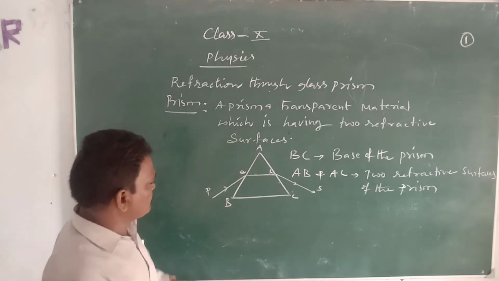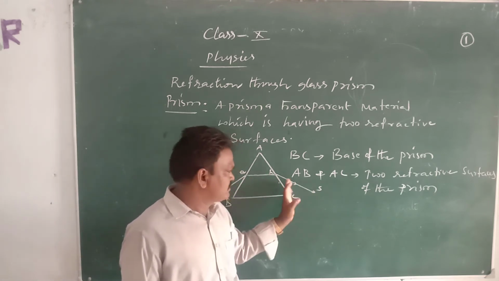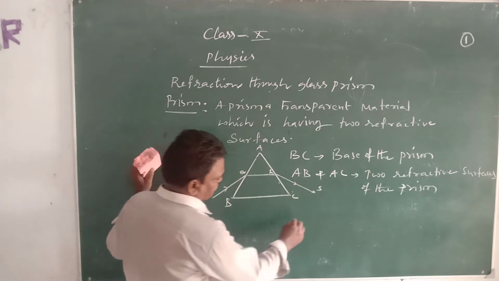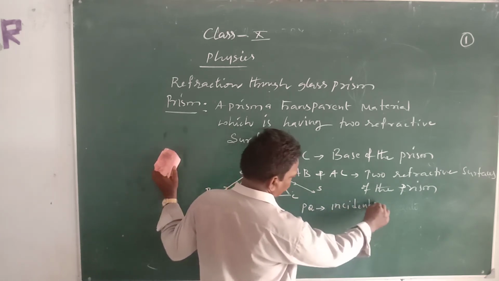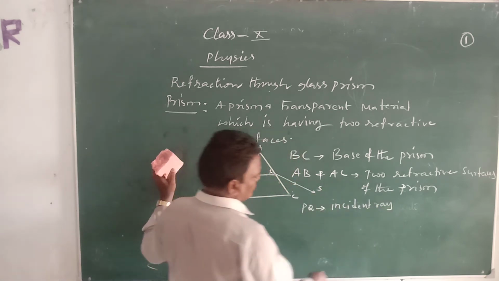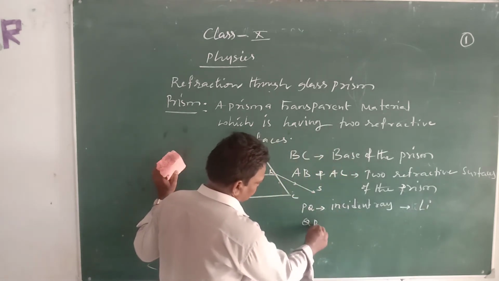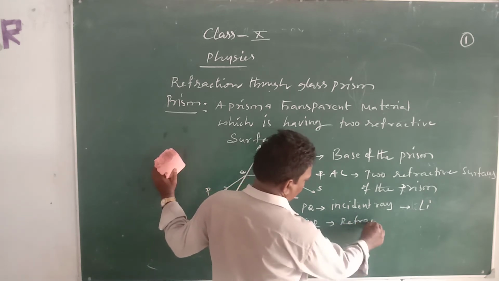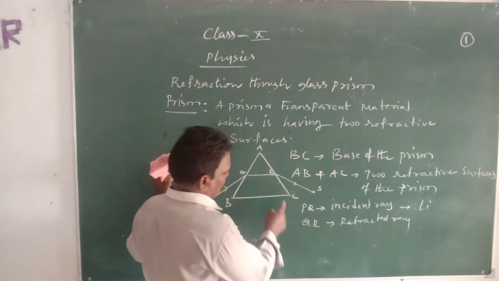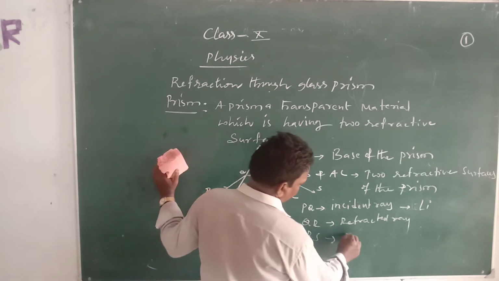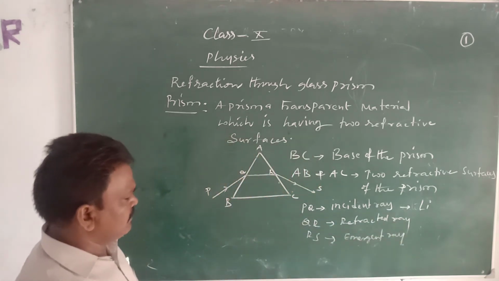So PQ is the incident ray, with angle of incidence i, QR is the refracted ray, with angle of refraction, and RS is the emergent ray inside the prism.